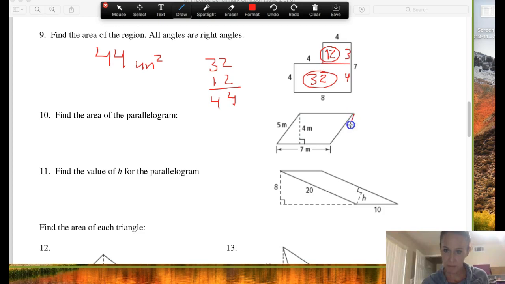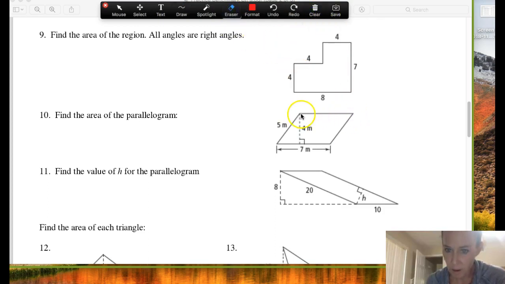It can be here to an imaginary base that could imaginarily extend out like this. This is also a height, okay? These would both be 4. Now, had I turned my parallelogram onto this side, careful, I can find a height.